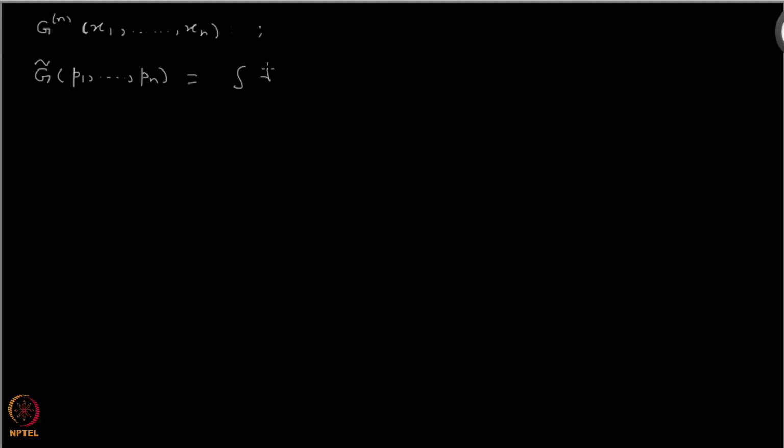So, here you have d4x1 to d4xn, then e to the minus I p1 x1, and then for the x2 variable I will have e to the minus I p2 x2, and so forth for all the terms up to xn.